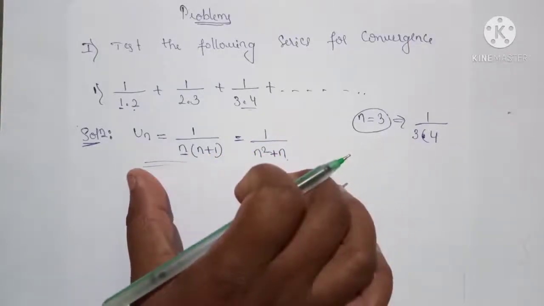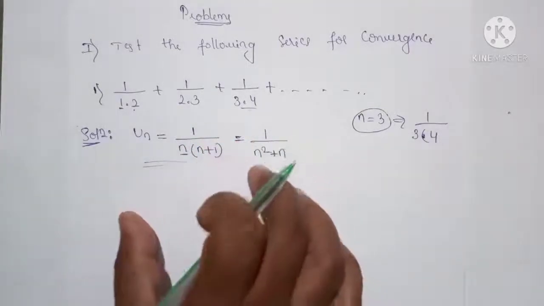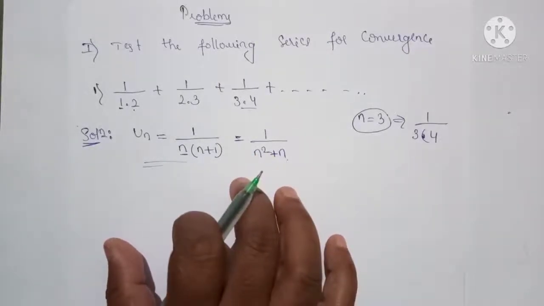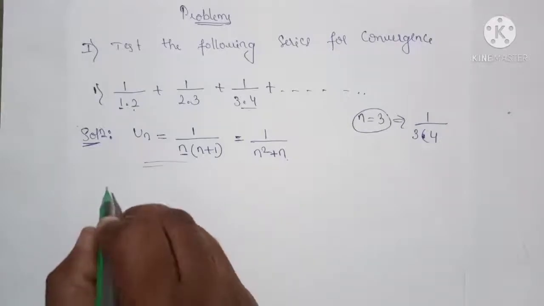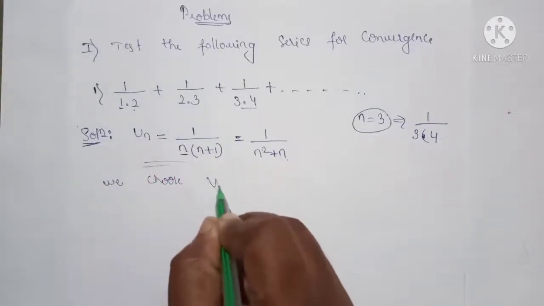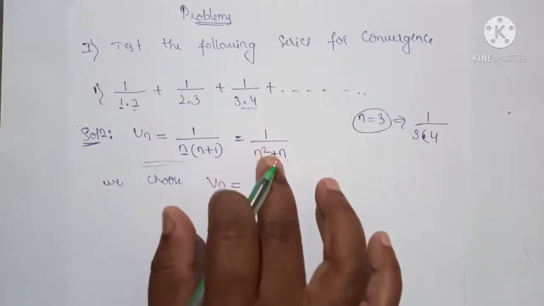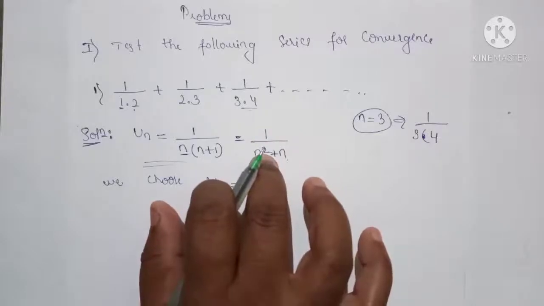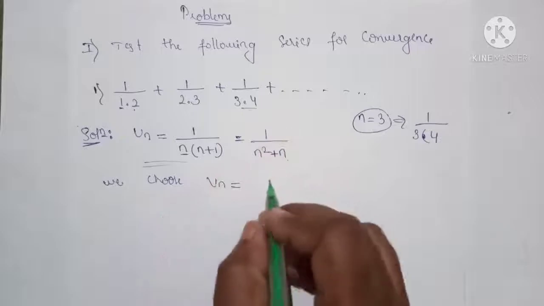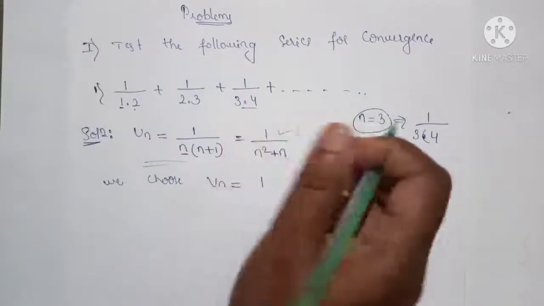Therefore we apply the comparison test here. In order to apply the comparison test, we need another series, which is Vn. So we choose Vn as follows. The highest degree of n in the denominator is 2 and in the numerator is 0, because it doesn't have any n terms.